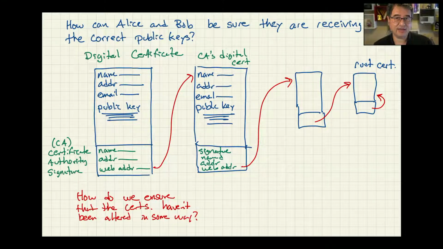For example, if I go to a certificate authority and I give them the certificate information and they put their signature at the bottom of it, what's stopping me from just changing the name here, changing the address so that it's someone else's? In other words, what's preventing me from faking that information? So that's what we're going to learn about next week.